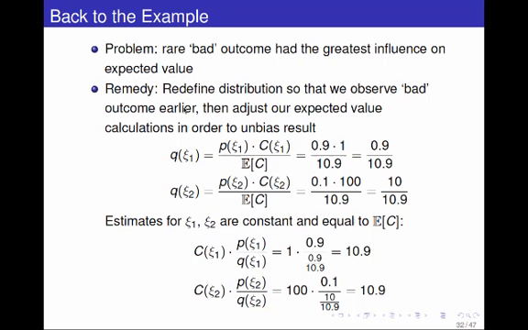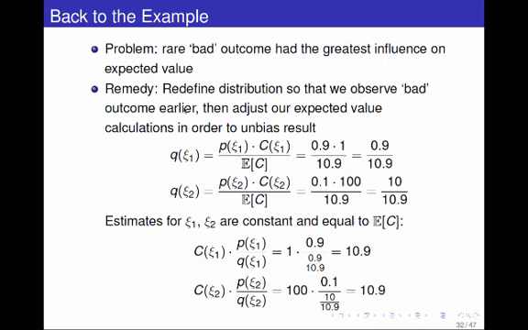Right, so if I re-weigh the distribution so that I see the important bad thing more often, and I just report C as my estimate of costs, that is a pessimistic estimate of the average cost.